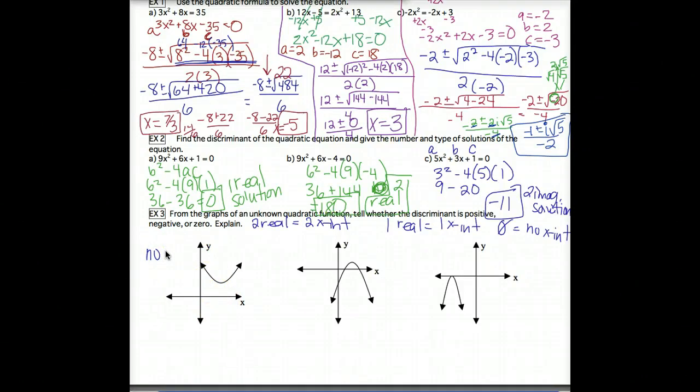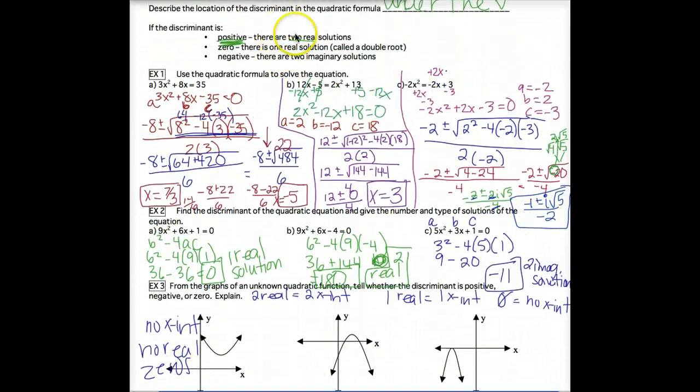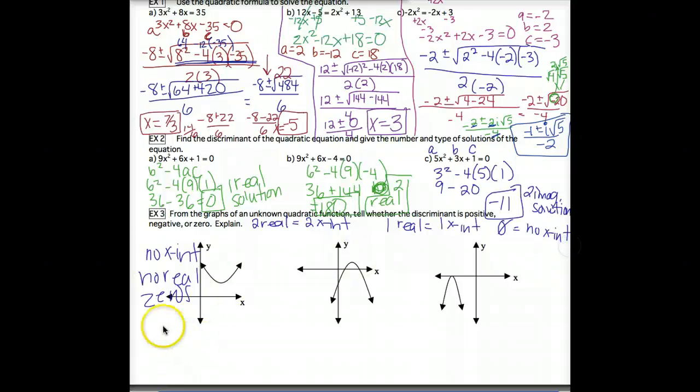So if there are no x-intercepts, that means that there are no real zeros. So if there are no real zeros, your discriminant chart, no real solutions, means that that had to have a negative discriminant, because it means that those solutions must be imaginary, because I can't see them.